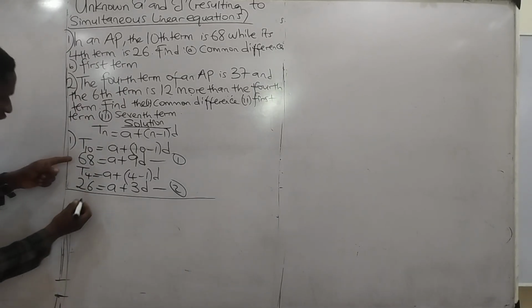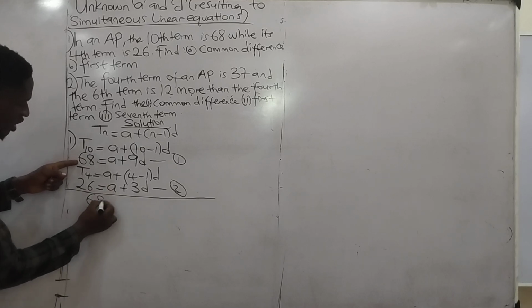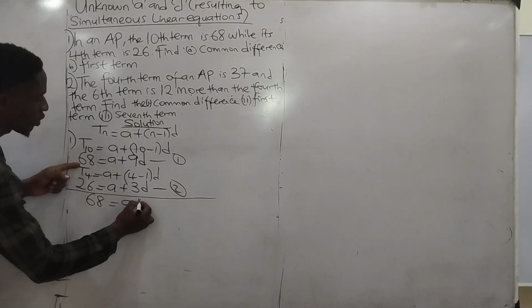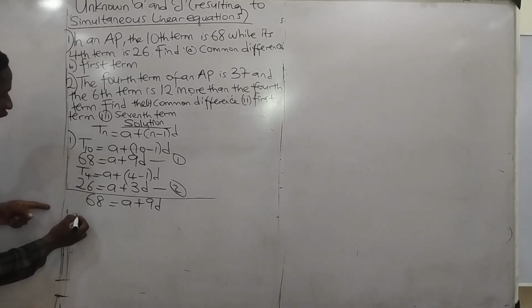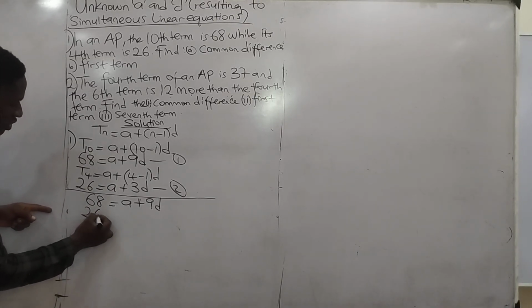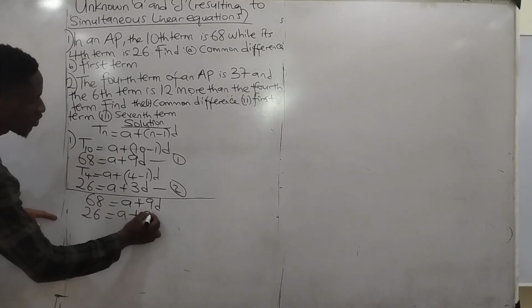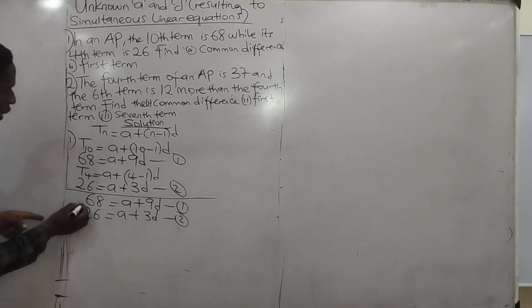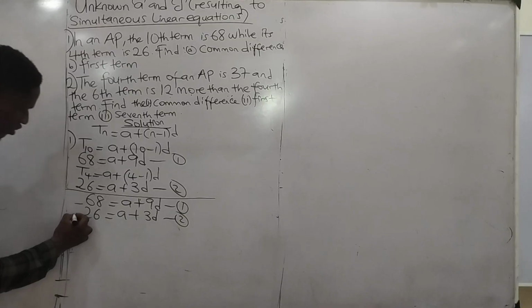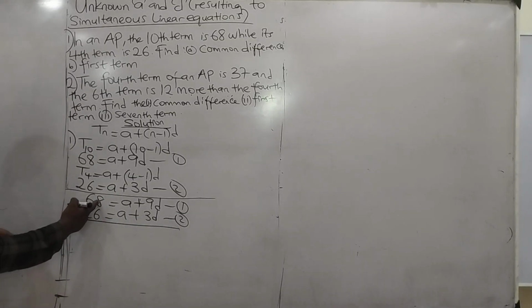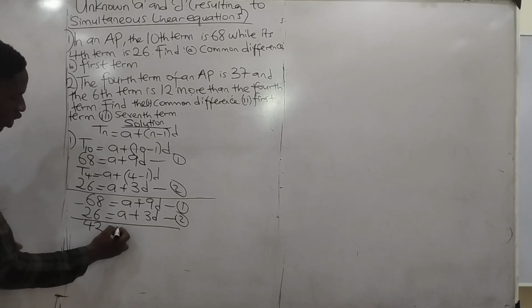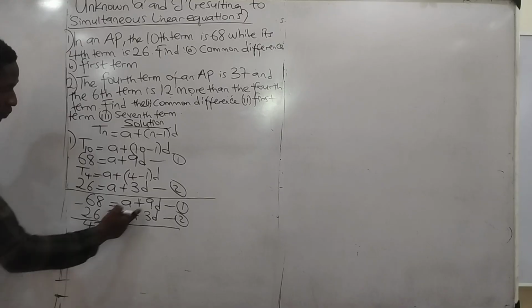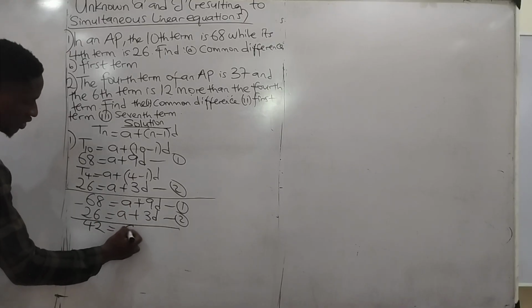So let's bring it closer. We have equation 1 as 68 is equal to a plus 9d, and equation 2 as 26 is equal to a plus 3d. We have to subtract. 68 minus 26: 8 minus 6 is 2, 6 minus 2 is 4, so 42, is equal to a minus a is 0, 9d minus 3d is 6d.